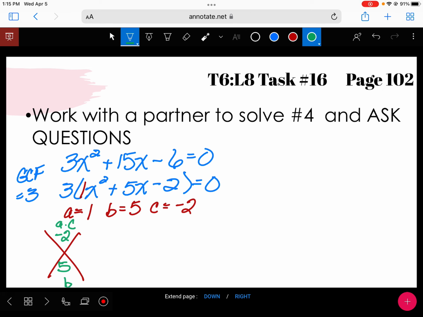Is X box going to work? No, it's not. There are not factors of -2 that are going to add up to 5. So what are we probably going to have to use? Quadratic formula.